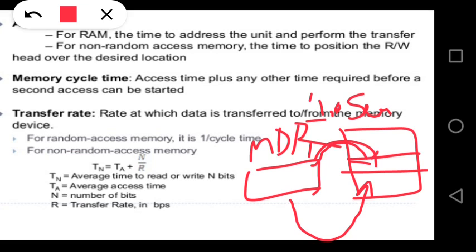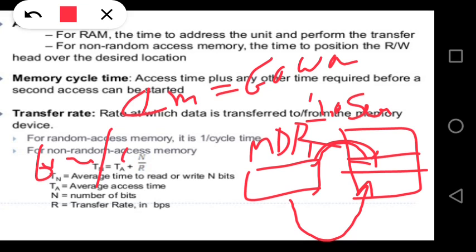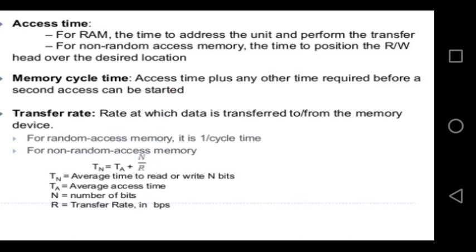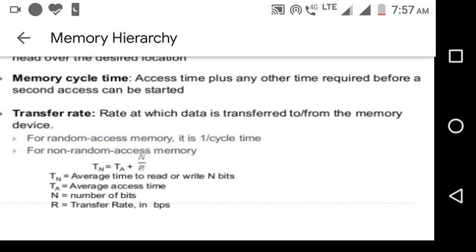Then how can you measure the speed? In 1 minute you can send 60 words. So 60 words per minute, or 1 word per second. This is called the data transfer rate. How can you measure it? Simple. For random access memory or for main memory, this is nothing but 1 by cycle time.